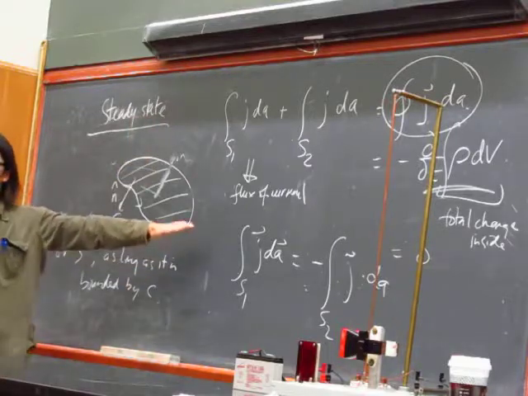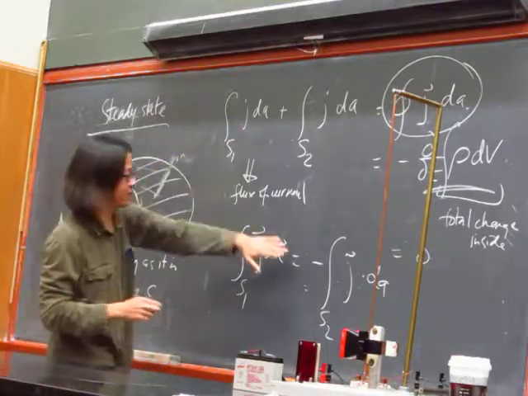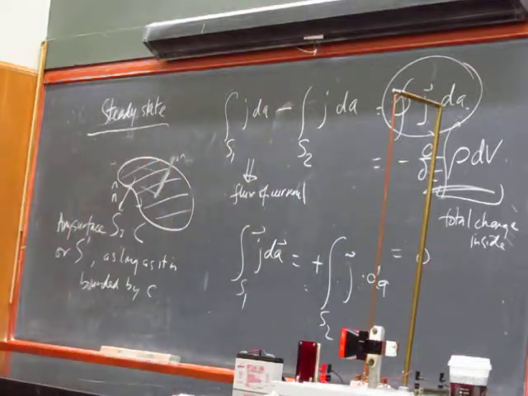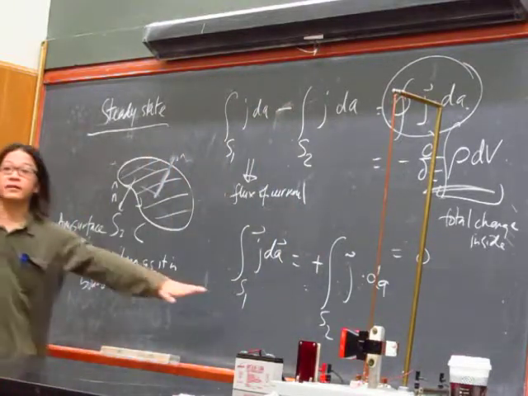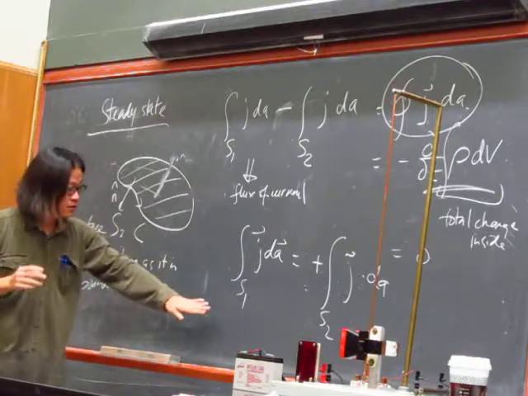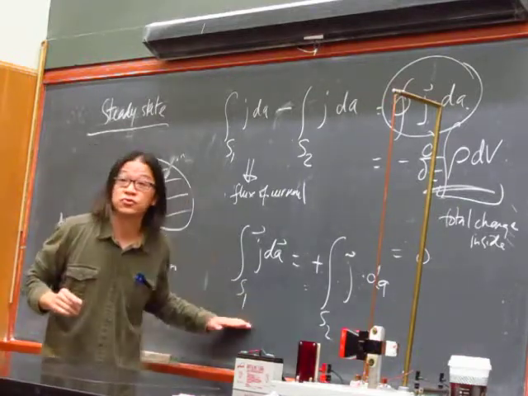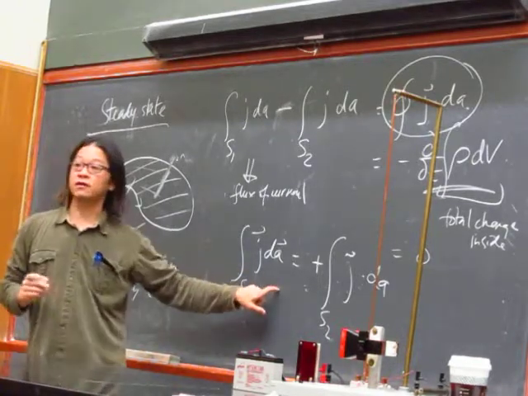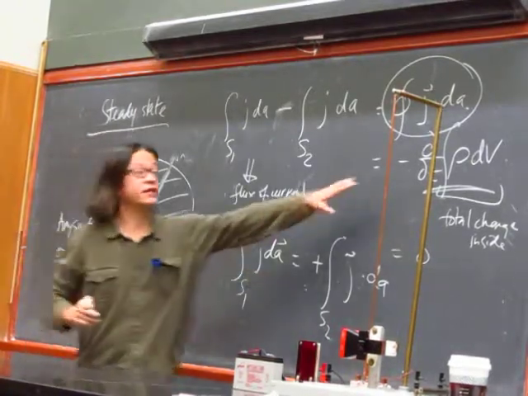Anyway, I think I'm not explaining myself very well here, but one of these becomes plus. This should be minus. So the conclusion is that it doesn't matter what surface you use. As long as it's bounded by C, you have the same total current, because of the steady state.